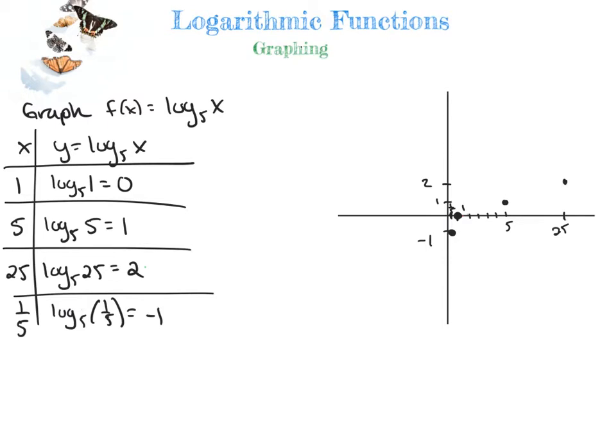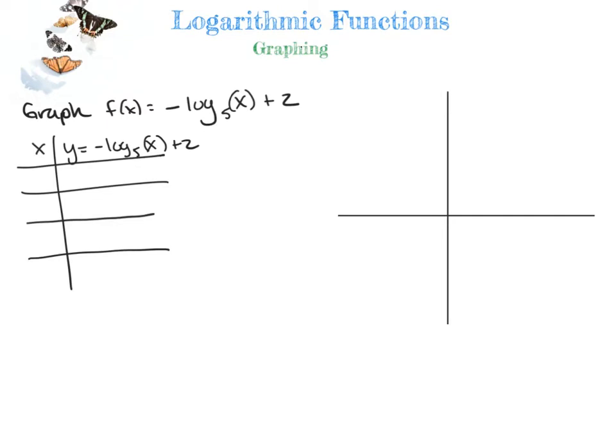So these logarithmic graphs have asymptotes right on top of the y-axis, and they go like that, up and to the right. Okay, let's do one more graph, and then we'll talk a little bit about domain.